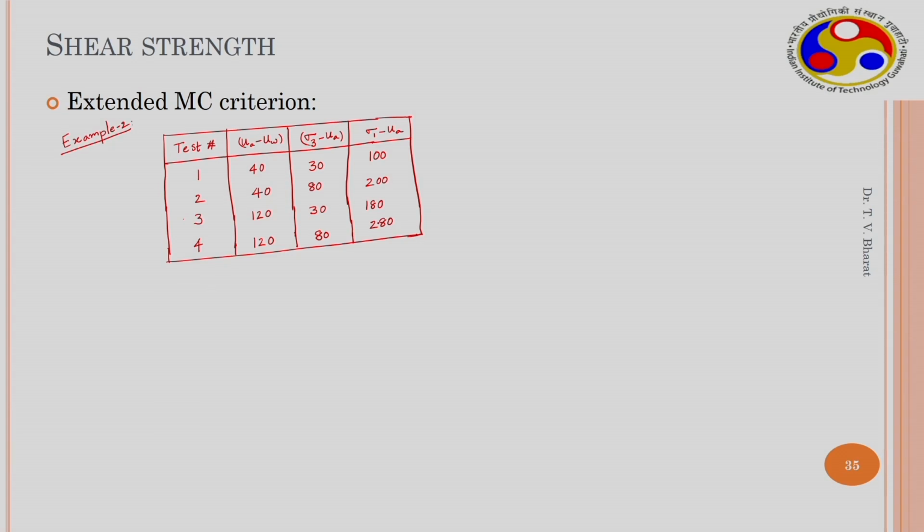Here there is one interesting aspect, that is the reason why I am actually discussing this particular example. So, here no test is conducted at fully saturated state. In case of Bishop's effective stress, Bishop's extended M-C criterion, Bishop's modified Mohr-Coulomb criterion, to estimate C dash and phi dash values and Xi-F, one needs to conduct the tests at fully saturated state.